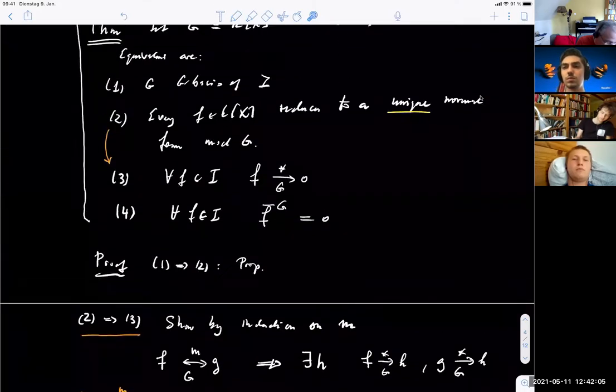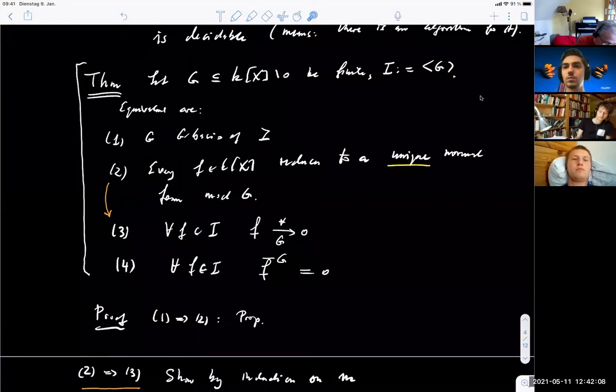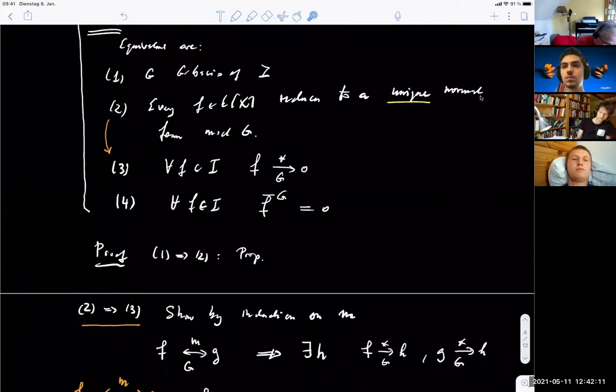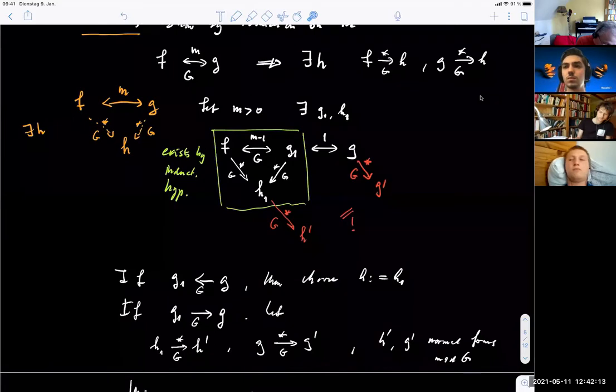So let's go back. Everything reduces to a unique normal form. Now let me think.